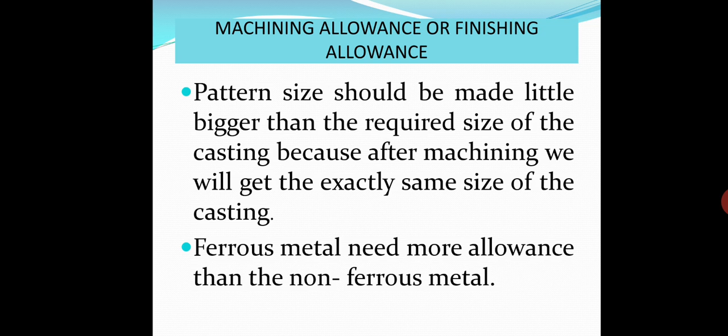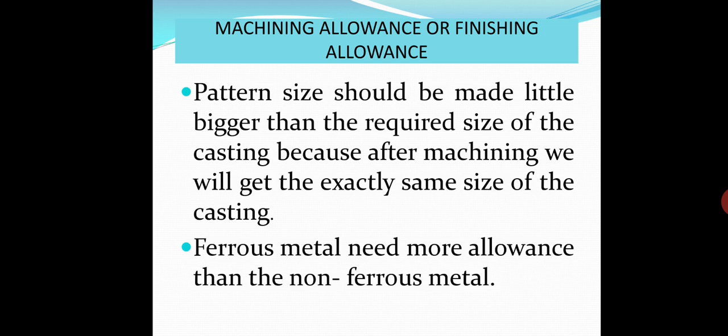The first one is shrinkage allowance, the second is taper allowance, and the third is machining or finishing allowance. As we have discussed, after the casting is ejected from the mold, it has to be cleaned and machined. During this machining, certain dimensions will be reduced, as machining is a metal removal process.